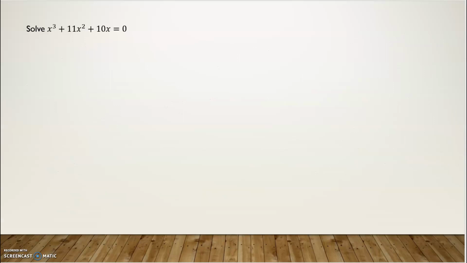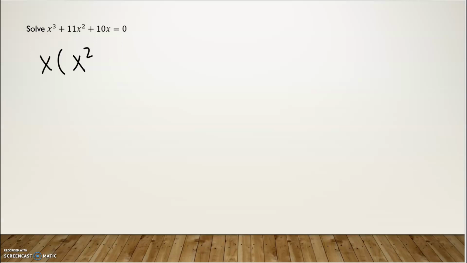We've got x cubed plus 11x squared plus 10x is equal to 0. Let me read that again, I might have messed up. X cubed plus 11x squared plus 10x equals 0. Okay, so notice I've got an x here, here, here, and here. So I can factor out 1x out of all of them.